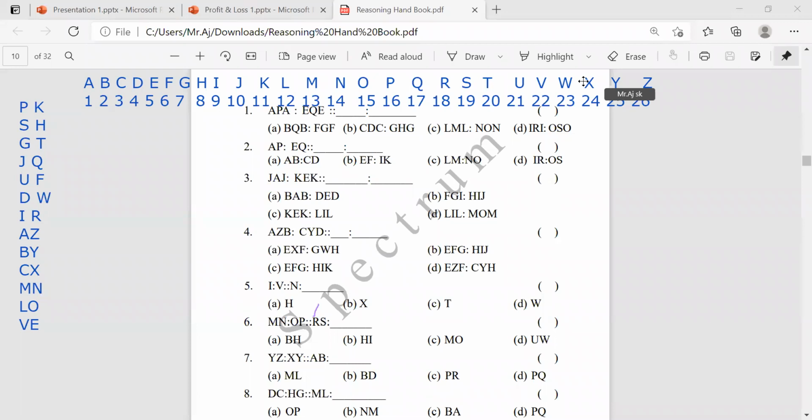1, 2, 5, 7 are odd numbers. Okay, take M is 13. Which one is odd number? Okay, it's 13, 14.